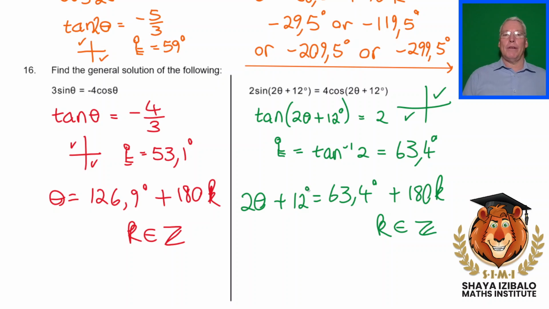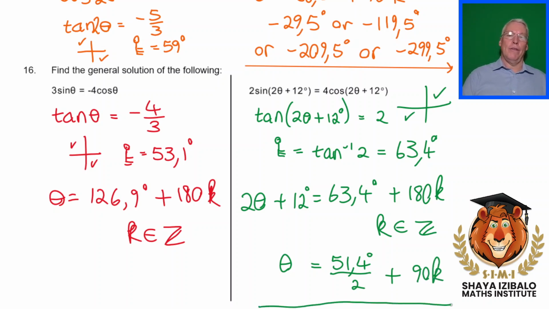When we subtract 12 degrees from both sides, we get 51,4 degrees, and that's 2 theta. So now we divide both sides by 2, and we get 51,4 over 2 plus 90k. And there is our final answer.